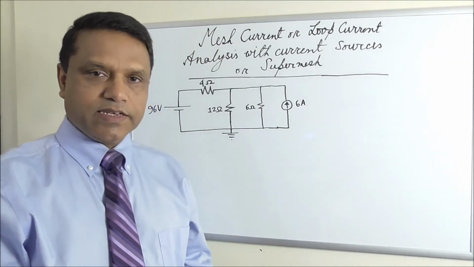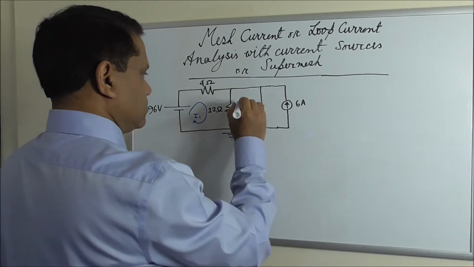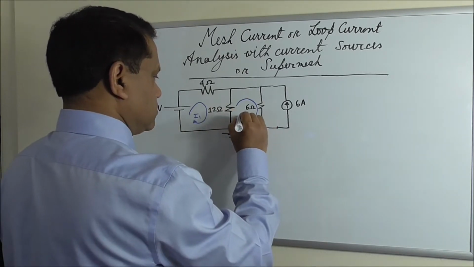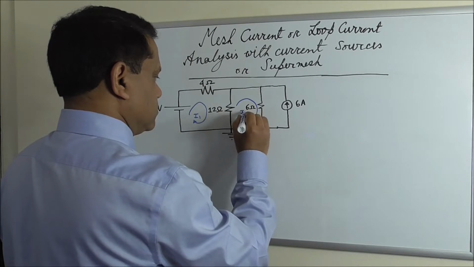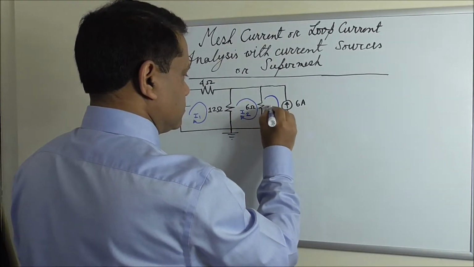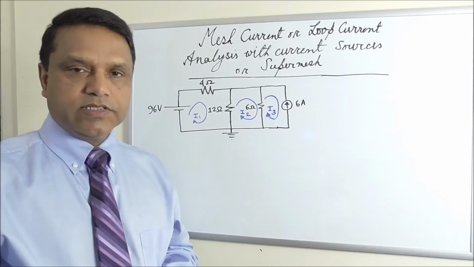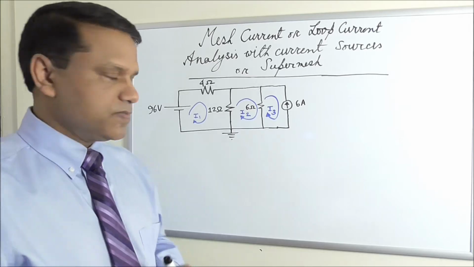We first assign loop currents. Now we have to assign the polarities to all voltage drops and rises.